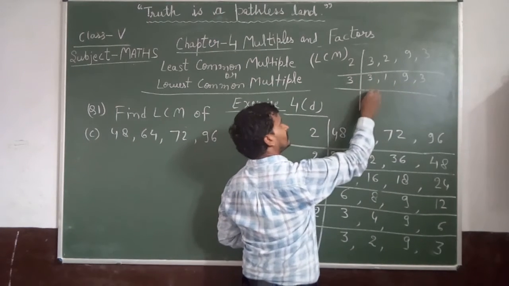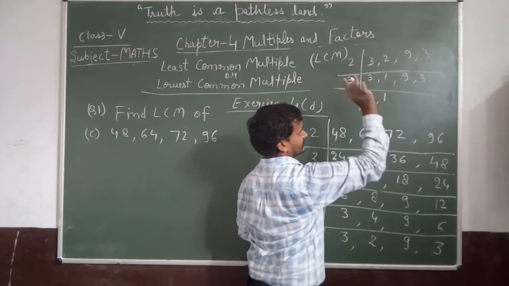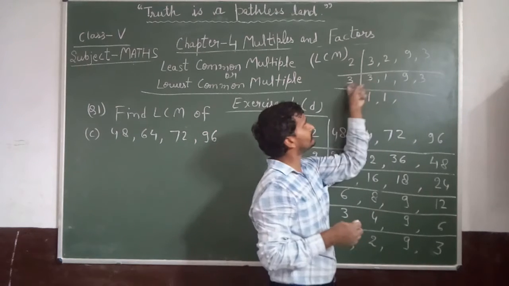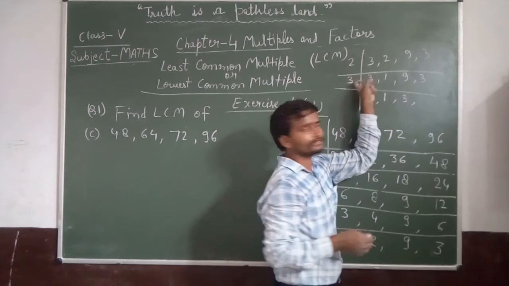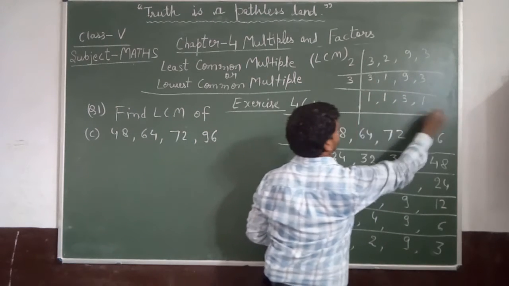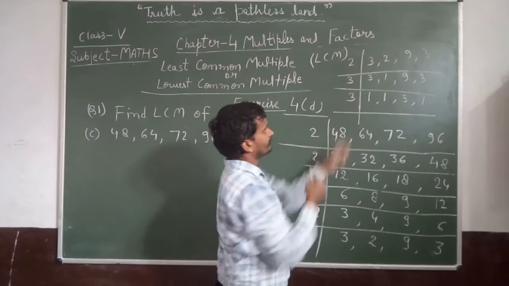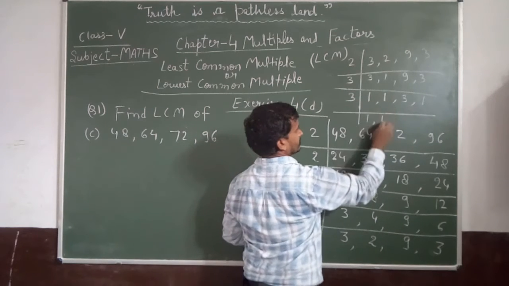3 divided by 3, 1. It is already 1, so note down as it is. 9 divided by 3, 3. And 3 divided by 3, 1. Again by 3, 1. Note down as it is. It is 1.